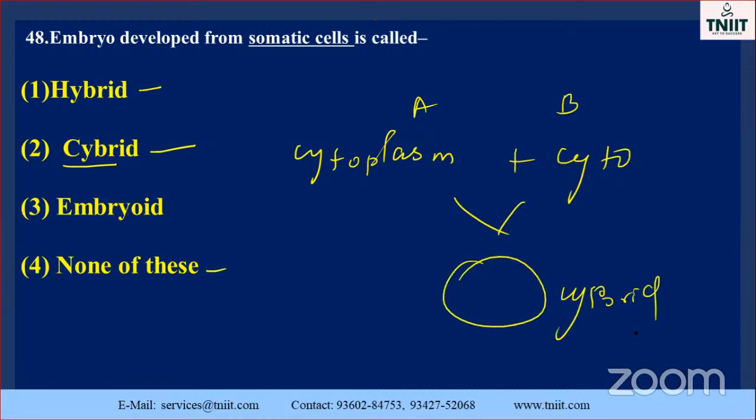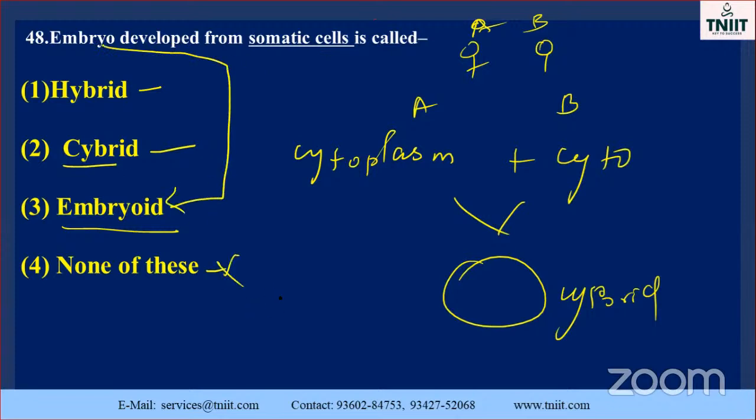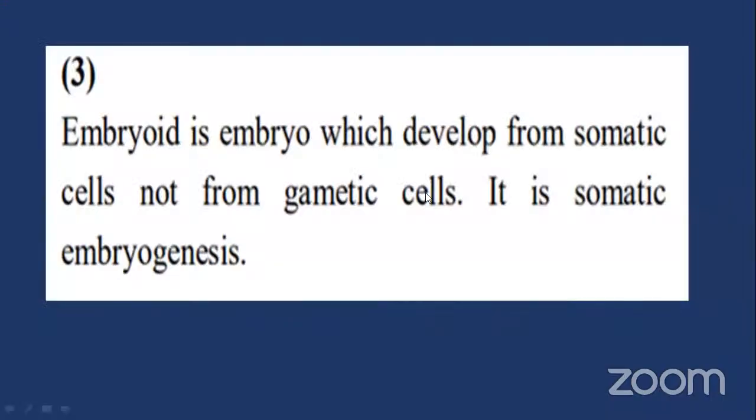Hybrid means A plant or B plant. Embryoid is the development from a somatic cell. None of this will come. Embryoid is an embryo which develops from the somatic cell, not from a gametic cell. It is somatic embryogenesis.